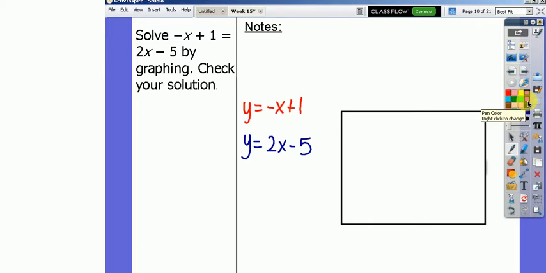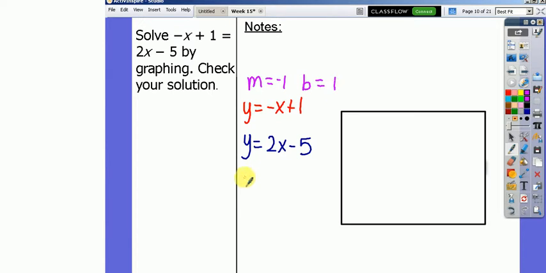So quickly, what is the slope for this red equation here? Negative 1. What is the y-intercept? 1. So again, you want to start at that point 0, 1, and then move down 1 to the right one, or up 1 to the left one.